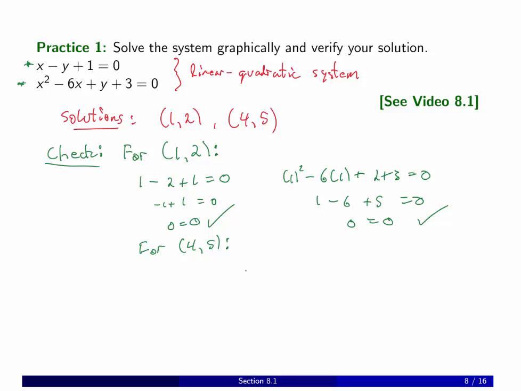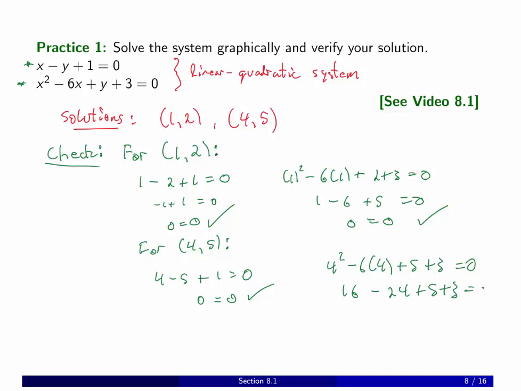Next point is, let's see, 4 and 5. So we do the same thing. 4 minus 5 plus 1 equals 0, which will be true. And the next one is 4 squared minus 6 times 4 plus 5 plus 3 equals 0, which comes out to be 16 minus 24 plus 5 plus 3 equals 0, which is 8, 32.